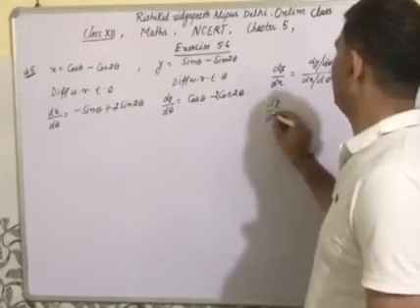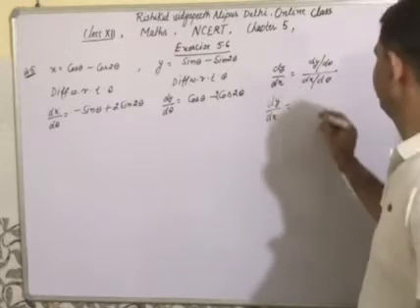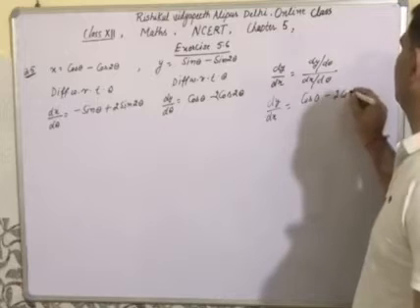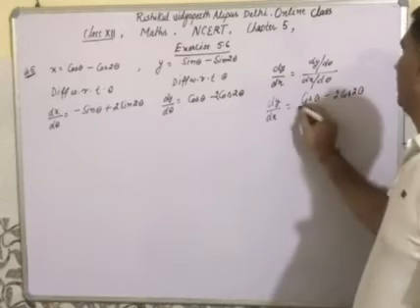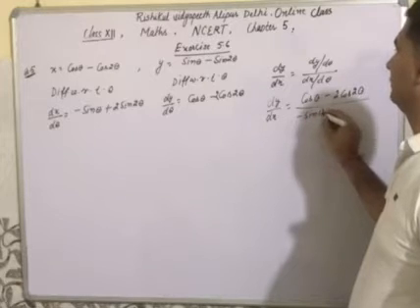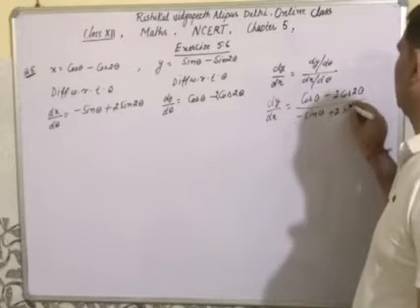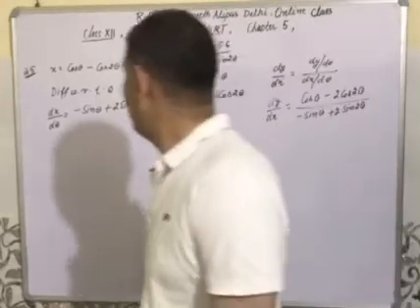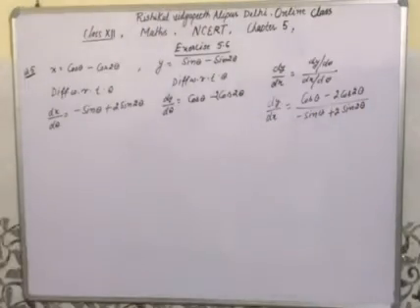Dy by dx is equal to cos theta minus 2 cos 2 theta upon minus sin theta plus 2 sin 2 theta. This is the derivative for question number 5. And then question number 7.